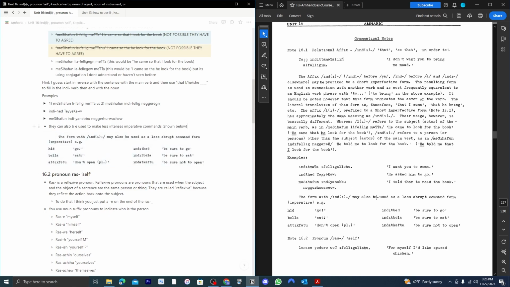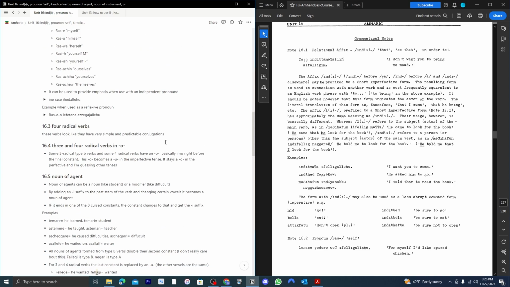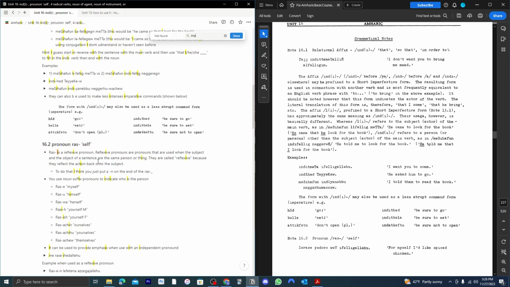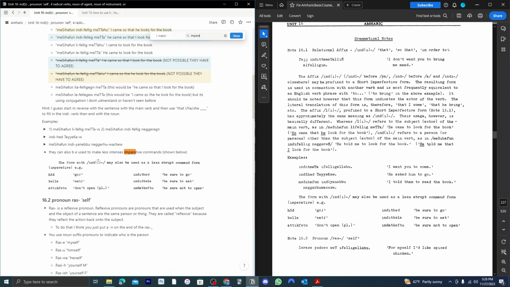So this is actually also very important. I may even come down here and grab imperative tense if I have it somewhere. I don't know if I have it. No, I don't. I'll have to go back and add that.